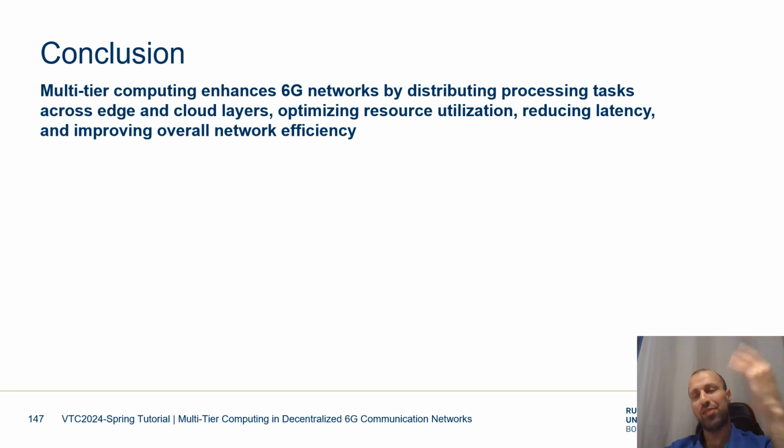One of the main messages in this tutorial is that multi-tier computing is extremely promising, not just for numerical algorithmic implementation, but also for enhancing 6G networks, by bringing together the benefits of communication and computation, checking how things can be done both at the core and at the edge. How do they work together to bring enhanced network resilience?